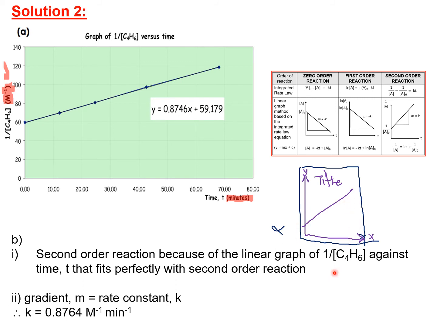One more thing, here it says the gradient equals the rate constant. So when you want to find the gradient, take big points. Make sure it is more than 4 boxes, 1, 2, 3, 4, 5 or something like that.